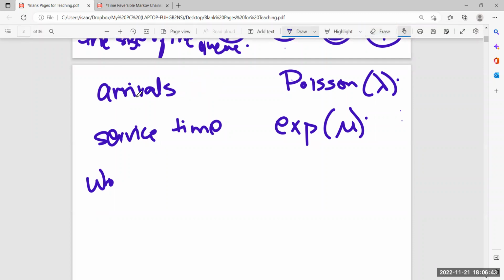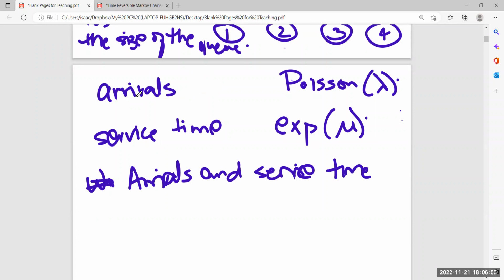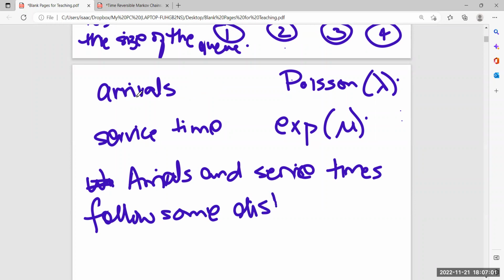All right. So we're going to assume that the arrivals and service times follow some distribution. If they don't follow some distribution, then we're in trouble, right? Then we don't have any statistics to deal with, right?